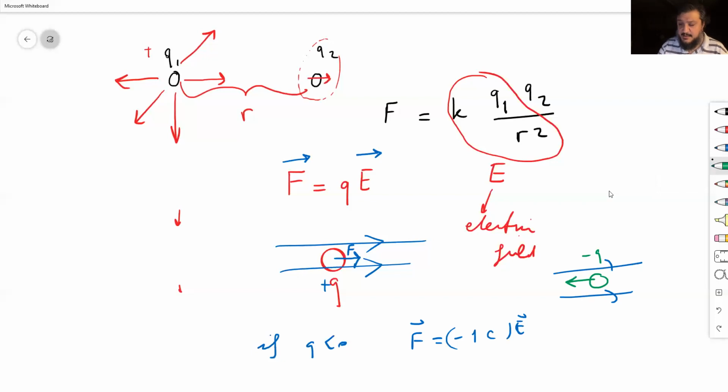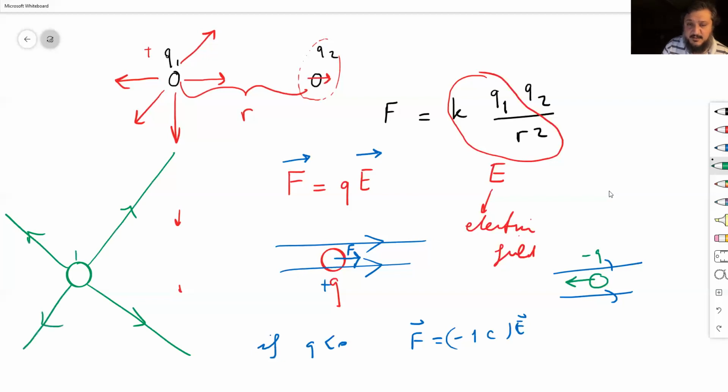All right? So for a positive charge, now instead of using separate arrows like this, I'm just going to continuously draw a line radially outward like this and put an arrow on it. This will be my electric field if that's a positive charge.